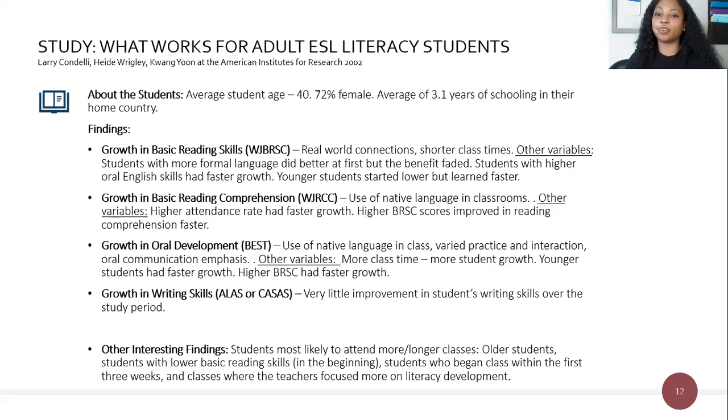Unfortunately, the study also found very little improvement in students' writing skills over the study period, which, in my opinion, can really be attributed to the fact that when we teach really low level students, oftentimes we're teaching them survival English, and that centers around oral communication. But when we're teaching ESL literacy students who are not literate in their first language, we just have to remember to incorporate those writing skills because those need to be developed in these students.